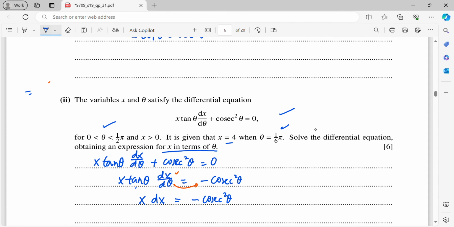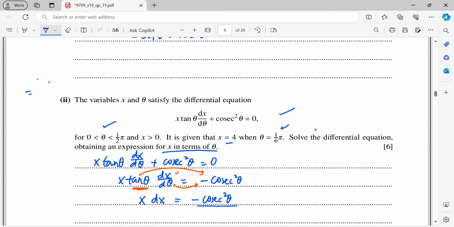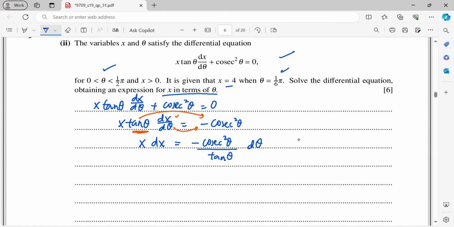The tan theta, because of the theta there, will be moved to the other side. When you move, it becomes divide, because initially it was multiply. So divide by tan theta, and the d theta moves up. Once you have separated the variables, do not forget to integrate both sides.